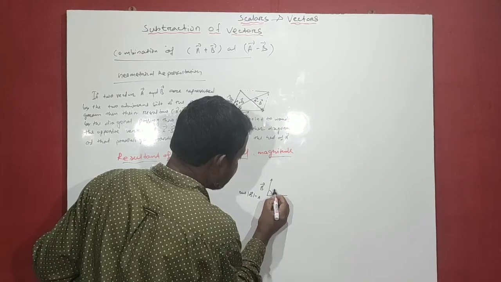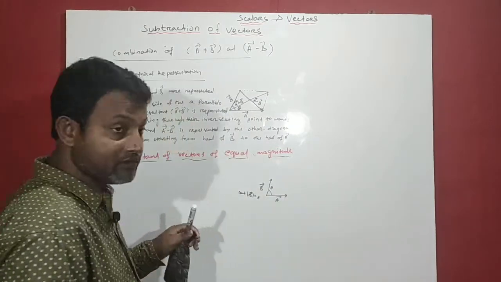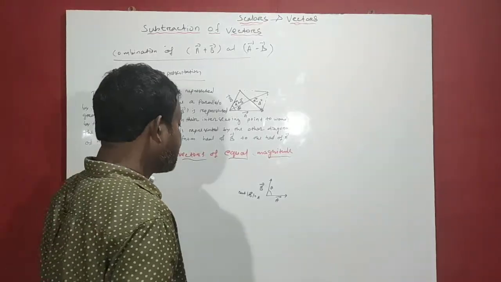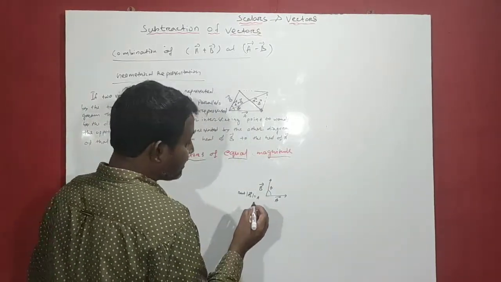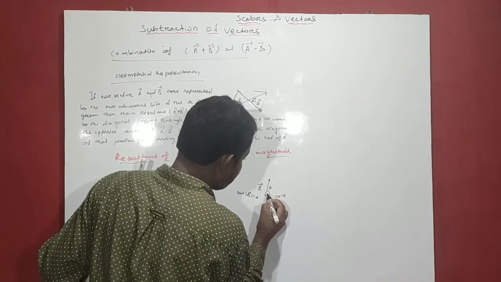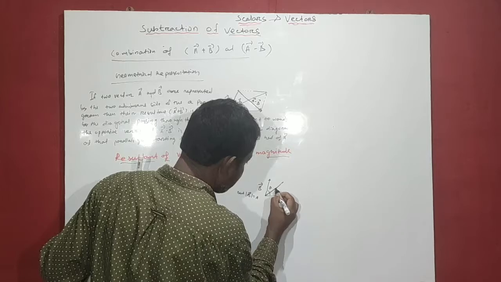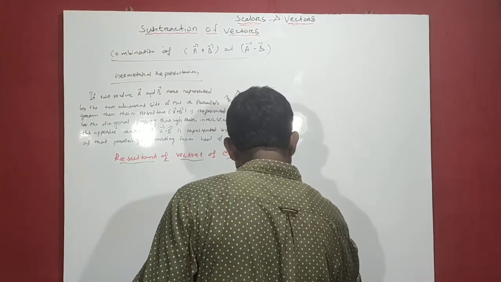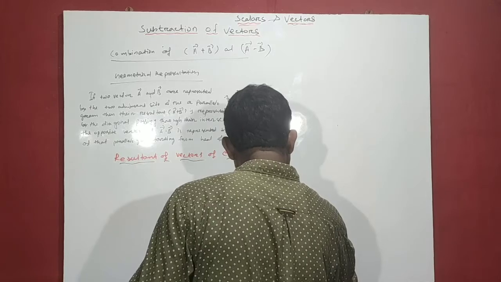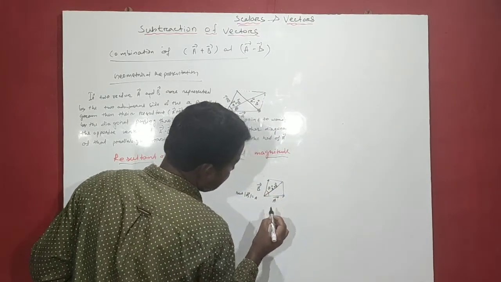Let theta be the angle between the two vectors having equal magnitude. Then their resultant will be A plus B. This is the parallelogram.